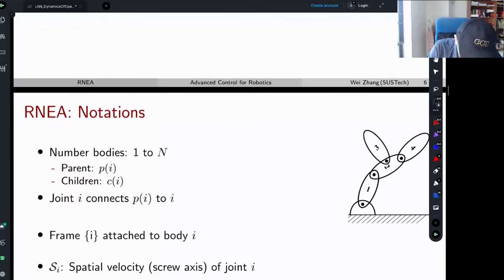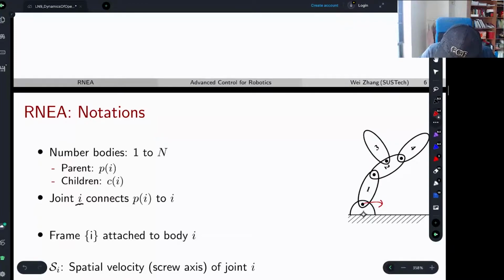So in this case, I would say this is my i, meaning body i or joint i. Joint i connects from its parent, parent of i, to i. For example, in this case, this is body i, the parent of 1 is 0. So let me explain the parent first.